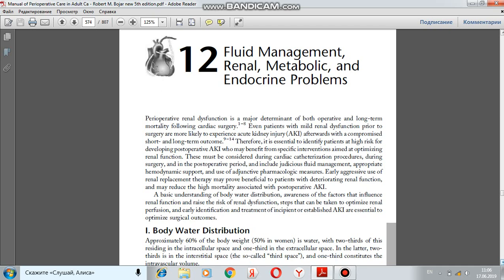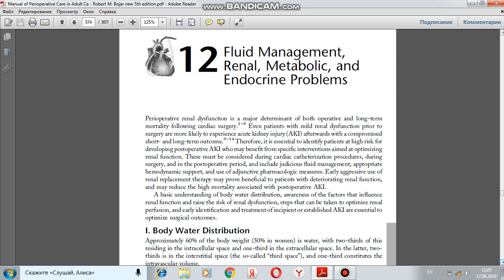Perioperative renal function is a major determinant of both operative and long-term mortality following cardiac surgery. Even patients with mild renal dysfunction prior to surgery are more likely to experience acute kidney injury afterwards, with a compromised short and long-term outcome.